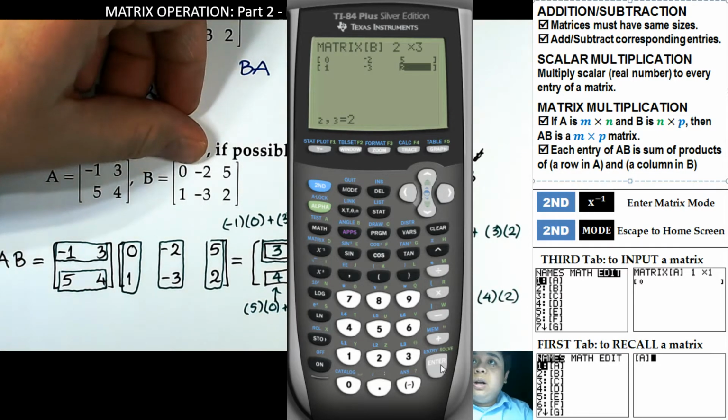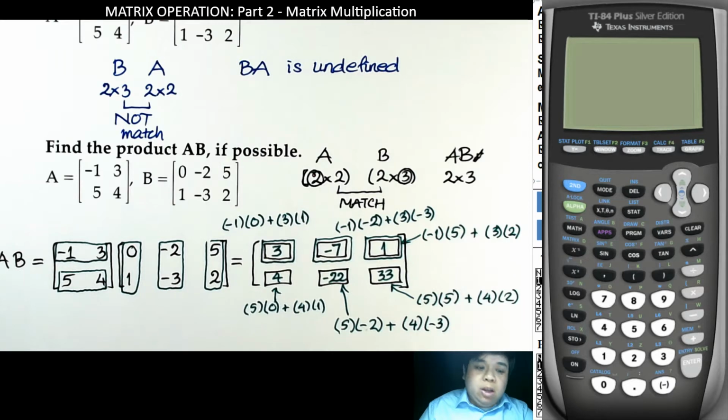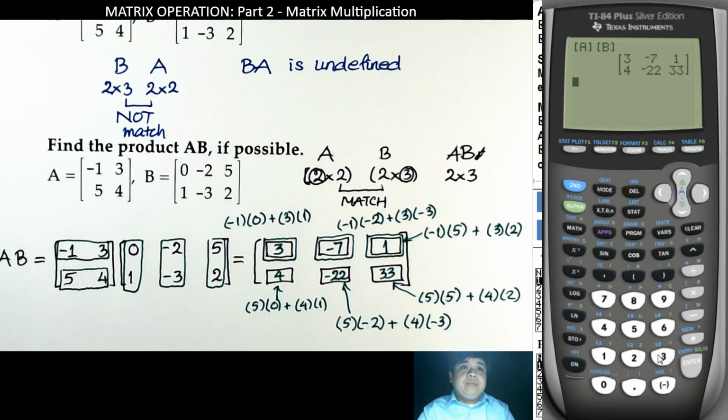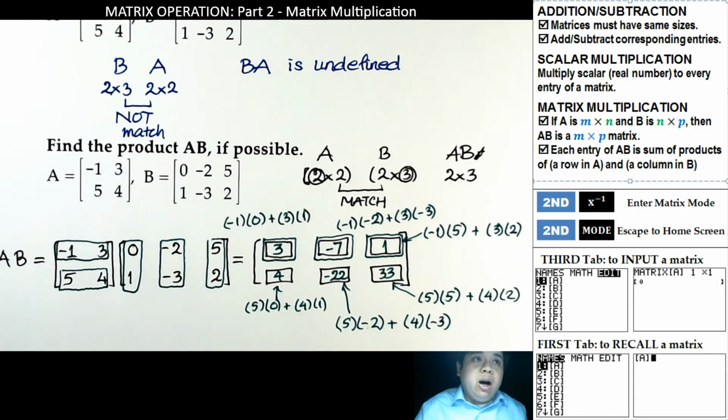Once we're done, second mode, back to the home screen. Then we just need to do A times B: second matrix, matrix A, second matrix, the first tab, go to 2, matrix B, and A times B. We have 3, -7, 1, 4, -22, and 33. So that's how we multiply two matrices together, and we checked using the calculator.